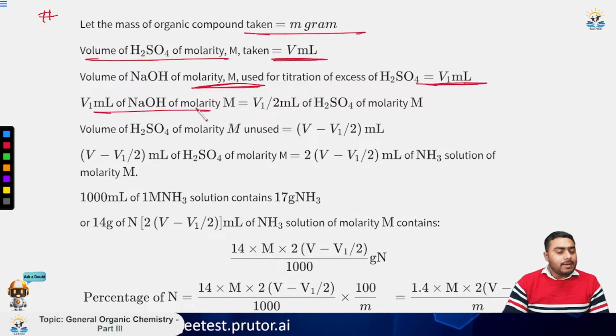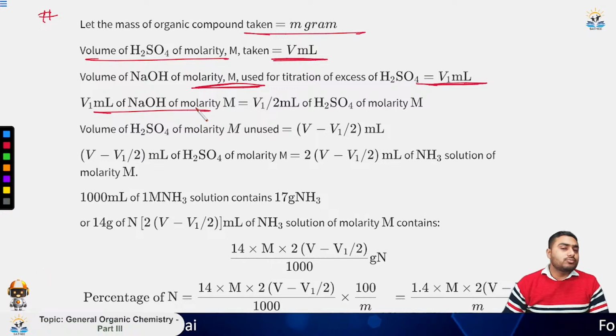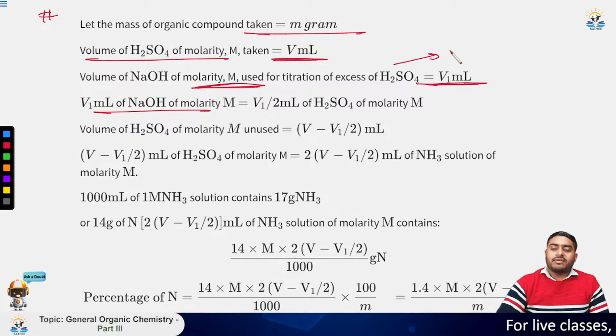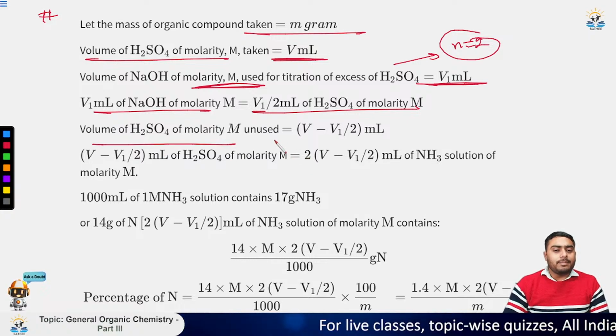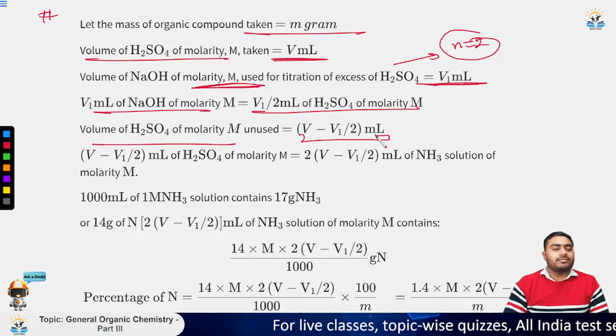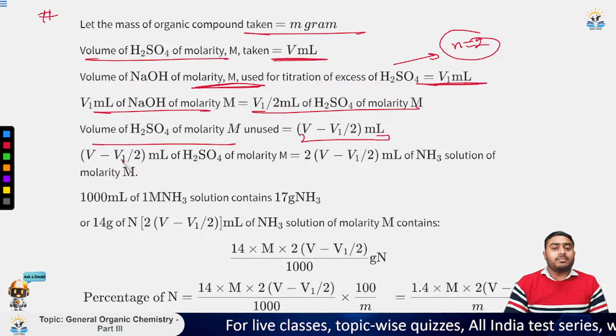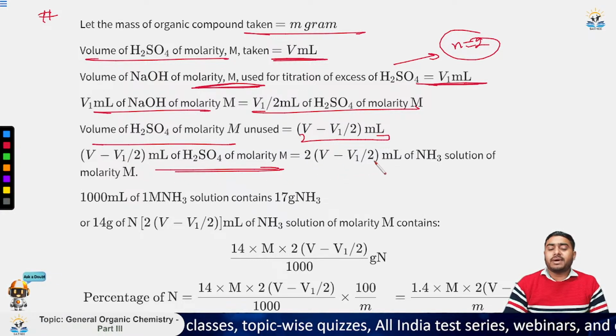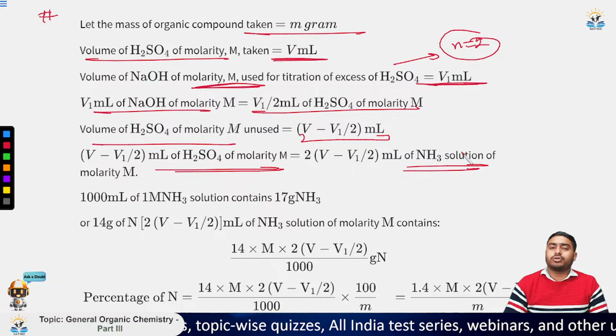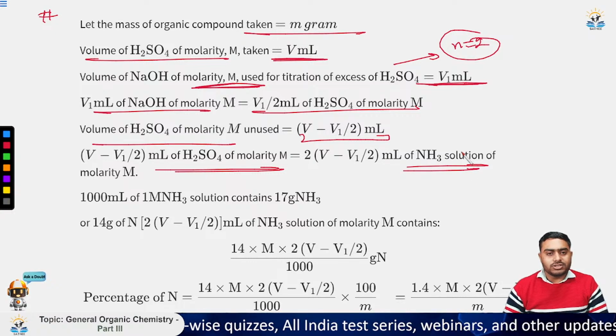So V1 ml of NaOH of molarity M is equal to V1 by 2 ml of H2SO4 of molarity M, because you know very well H2SO4 has n factor value 2. Volume of H2SO4 of molarity M unused is V minus V1 by 2 ml. Then V minus V1 by 2 ml of H2SO4 of molarity M is equal to 2 into V minus V1 by 2 ml of NH3 solution of molarity M. This is the simple calculation.